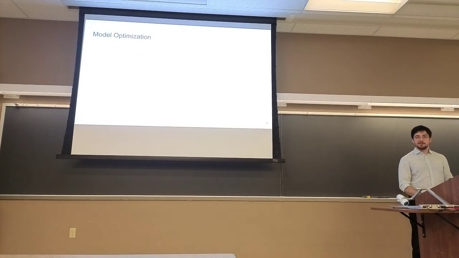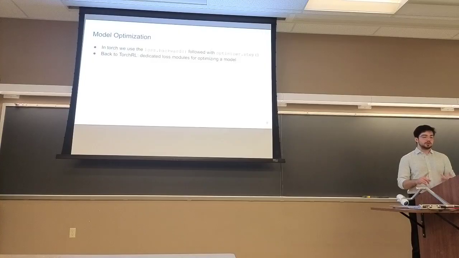So what I will do is I will just use TorchRL. In Torch, you might remember that we use loss.backward and optimizer.step, right? But in TorchRL, we have dedicated loss modules as well. So everything is modules. The actors are connected like modules, model optimizations are modules. We just add them together.